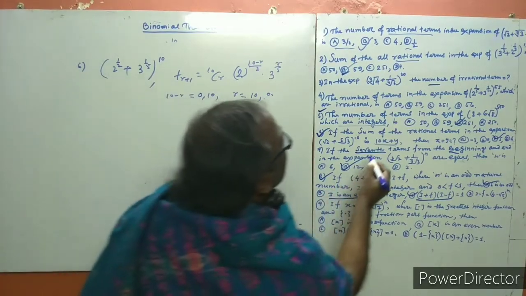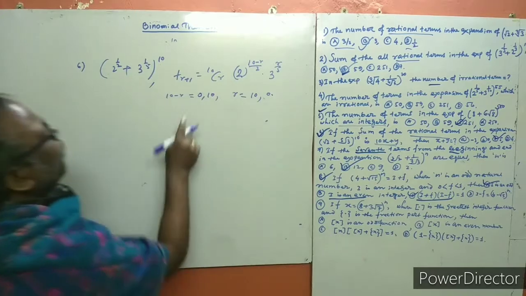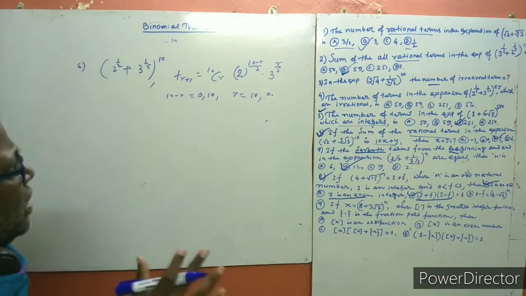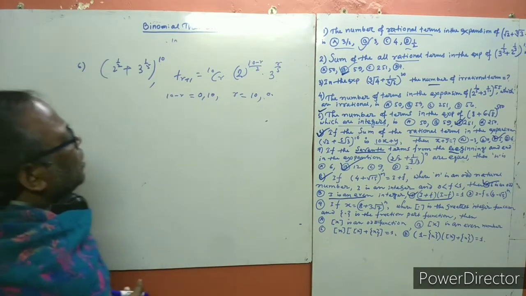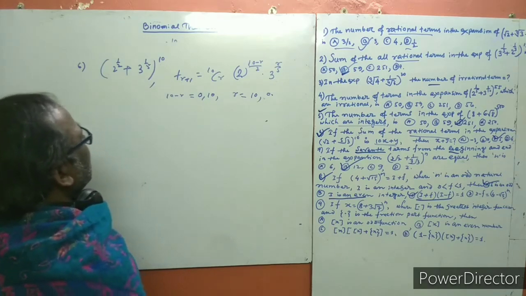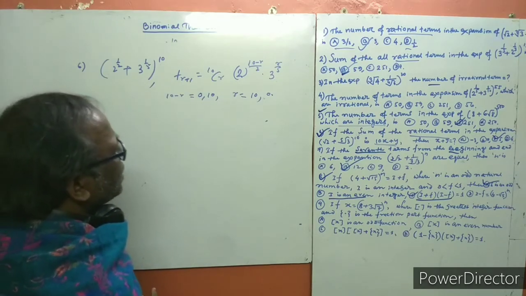And the sum of the rational terms. When R is 0 or 10, we get the rational terms.